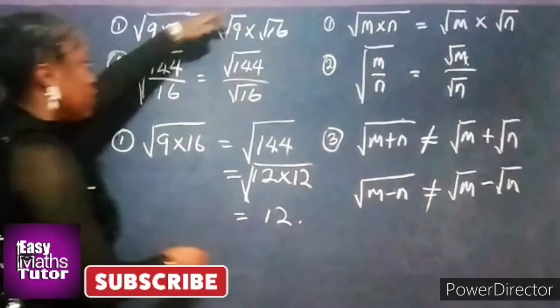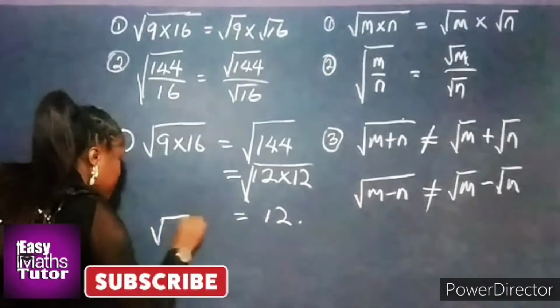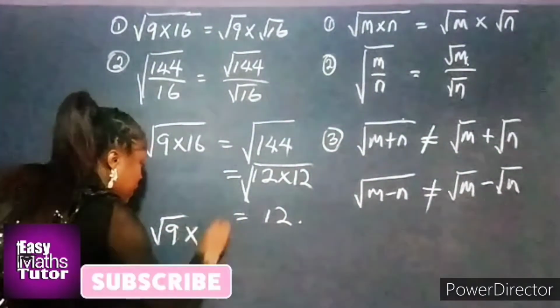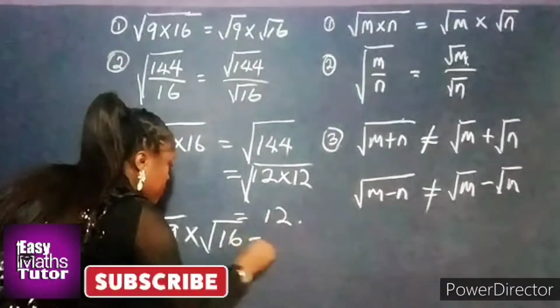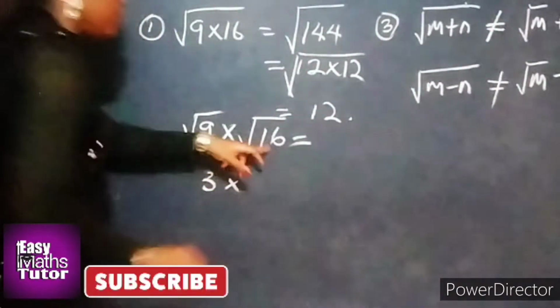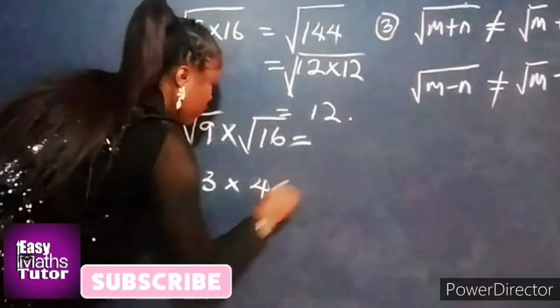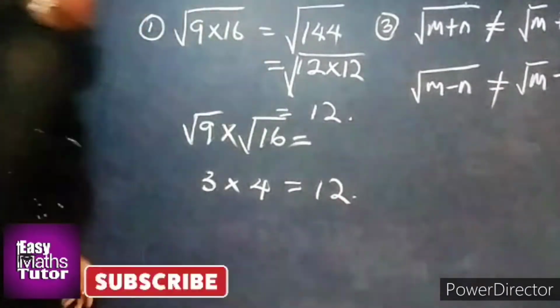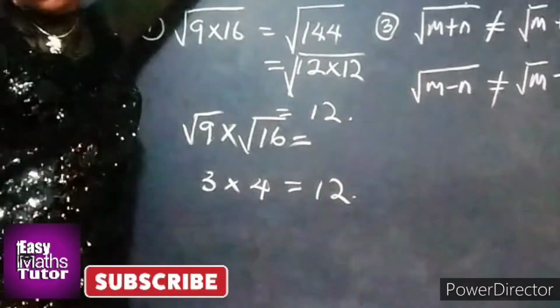Now let's take the other side of the equal sign. We have the square root of 9 times the square root of 16. Alright? So the square root of 9 will give us what? 3. And the square root of 16 will give us what? 4, giving us 12. So that means this is equal to this.